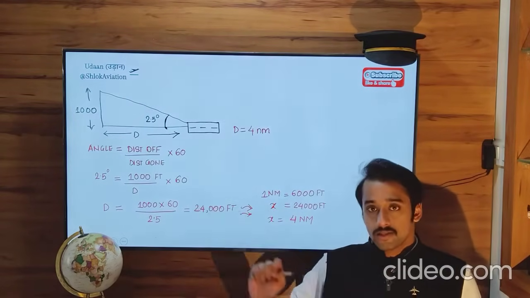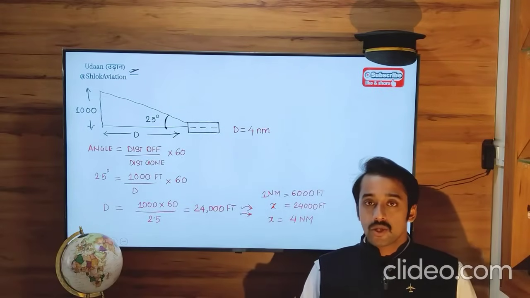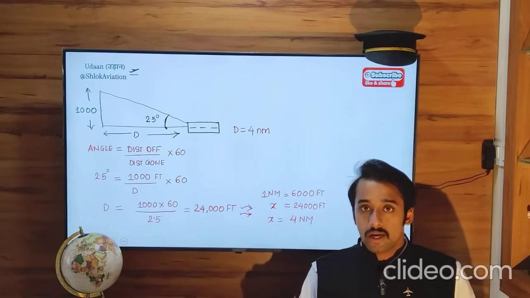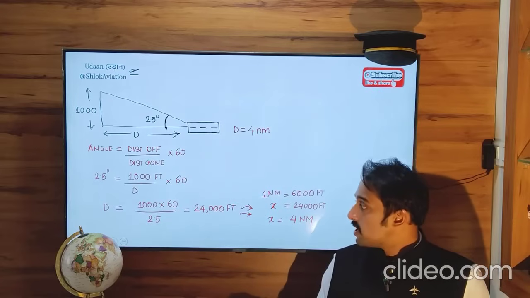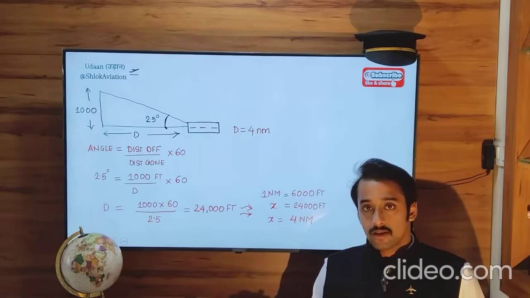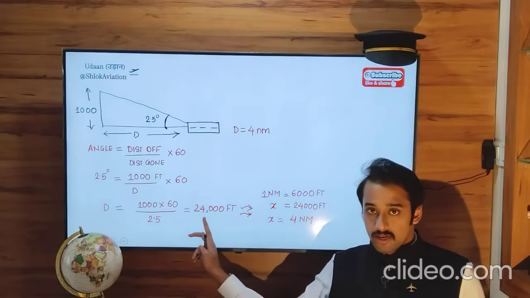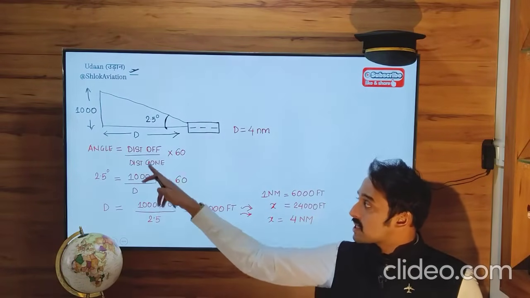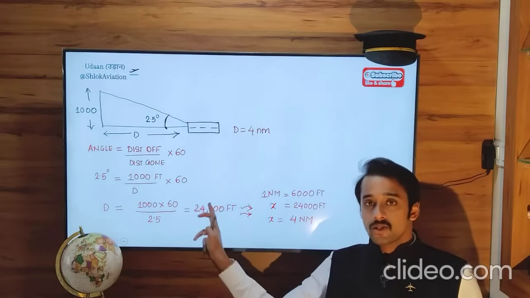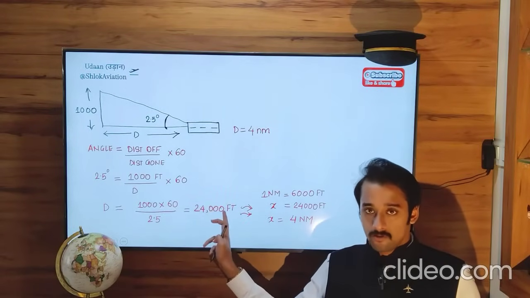You have to calculate distance. Formula: angle equals distance of track by distance gone into 60. Substitute the values, and you will get a total distance from the runway equal to 24,000 feet. Because your height was in feet, the final answer is also in feet.